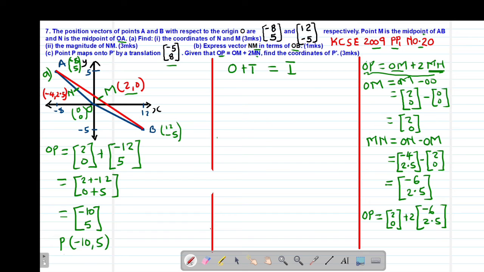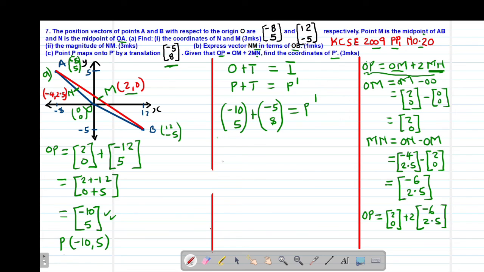So because P is the object, if we take P plus the translation that we are given, it should give us the image, which is P prime.